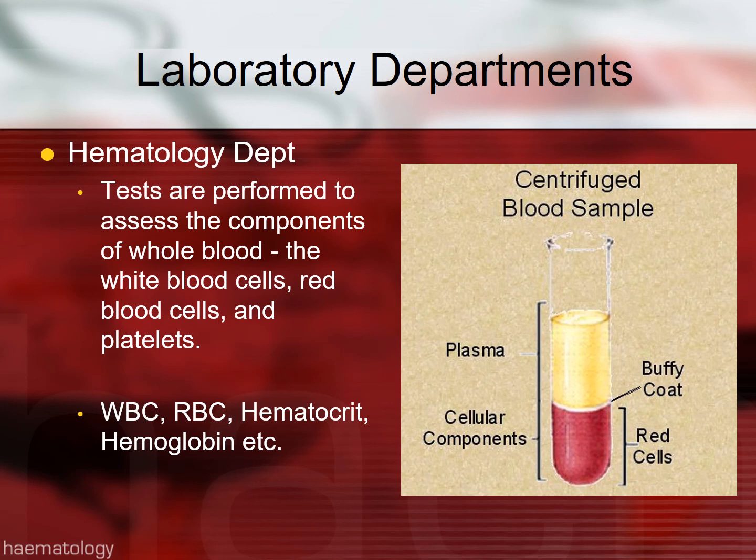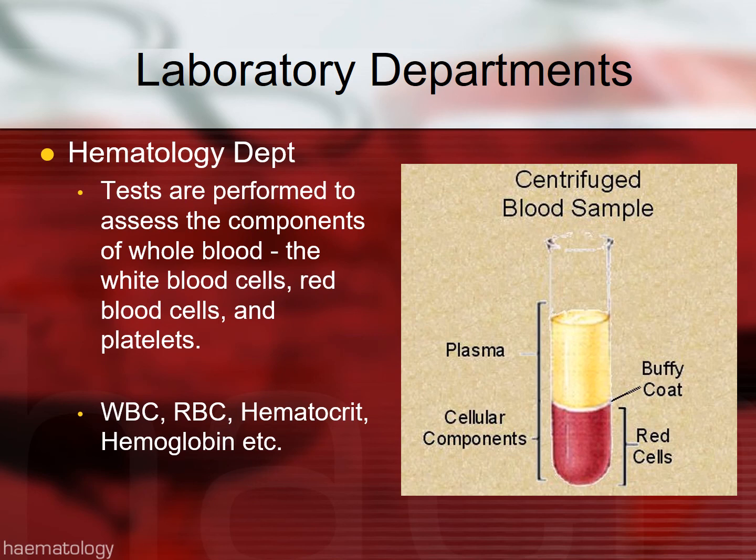Just like you see in the centrifuged blood sample on the right, you'll see plasma, you'll see the buffy coat, which is the platelets and white blood cells, and then of course you'll see the red blood cells. These are the cellular components of blood that hematology tests.